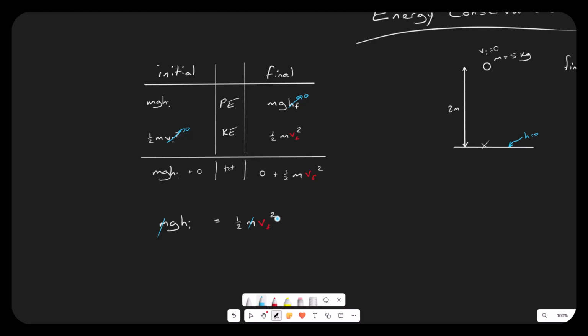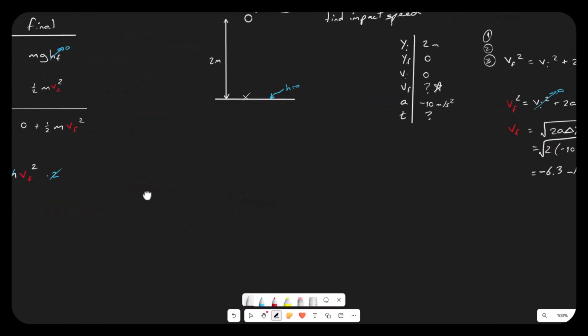So now when I solve for v final, I'm going to multiply by 2. That gets rid of that. Got to do that over here too. And then I'm going to take a square root. So over here I'm going to get v final, and over here I'm going to get the square root of 2g h initial. I want you to look.